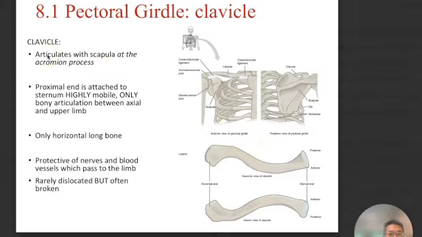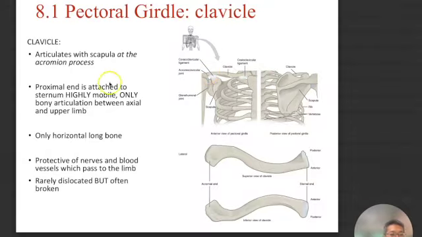The clavicle articulates with the scapula at the acromion process. That's why this part right there is called the AC joint. This is the A part of the clavicle. This is the A part of the scapula, and this is the clavicle. So that's the AC joint.